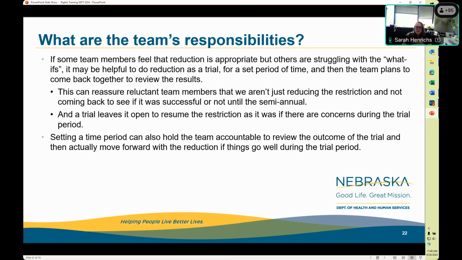But if they make it through that trial, that is further evidence that you can talk around with the team, and that might help team members that are struggling see that the risk really has reduced, or that this can be accommodated safely.